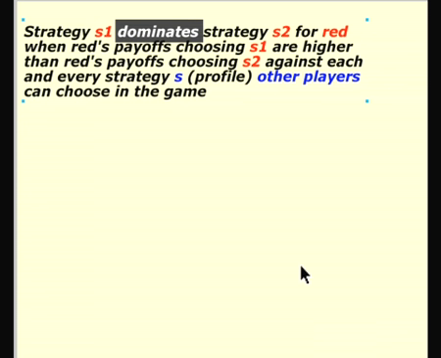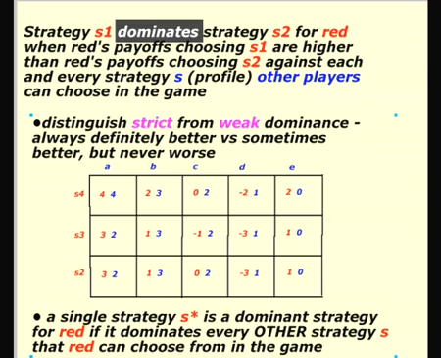What we're saying is that no matter what the other guy does, the first strategy is better than the second one. Now, intuitively that seems to make sense, and when you have the little payoff table, it's pretty easy to compare the numbers. But there are a couple of little subtleties you've got to think of.